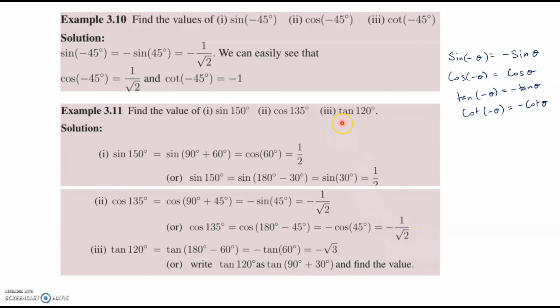Now the third one, which is tan 120 degrees, can be written as tan of 180 minus 60 degrees, which is nothing but minus tan 60, which is minus root 3. Or you can also rewrite tan 120 as tan of 90 plus 30, and you will get the same answer.